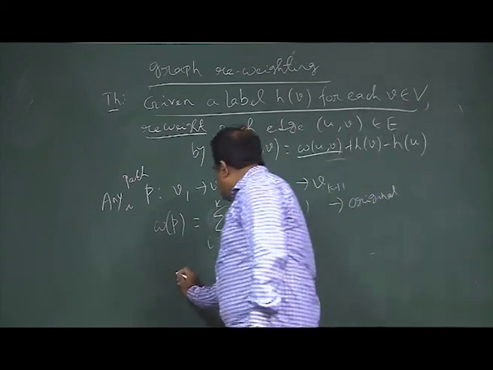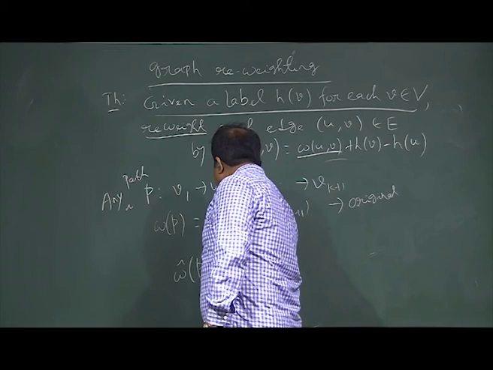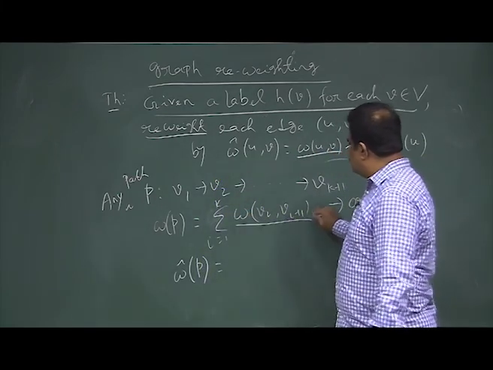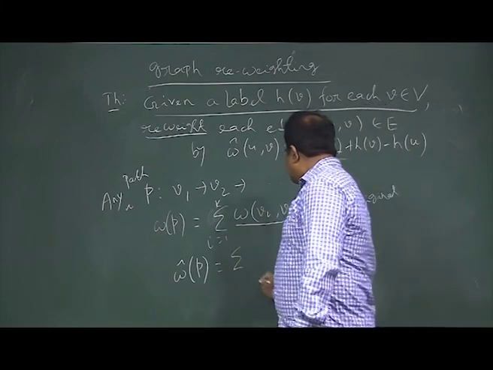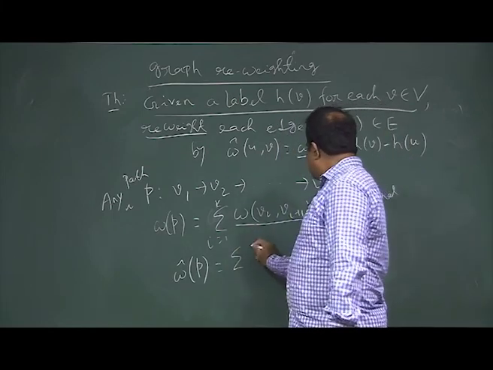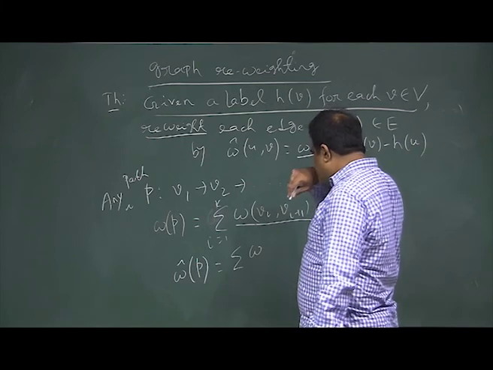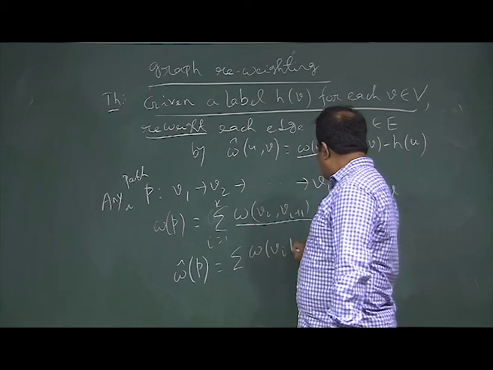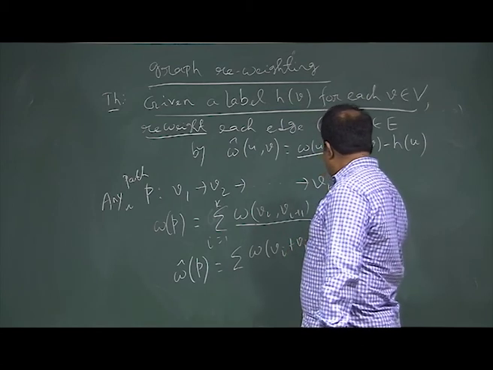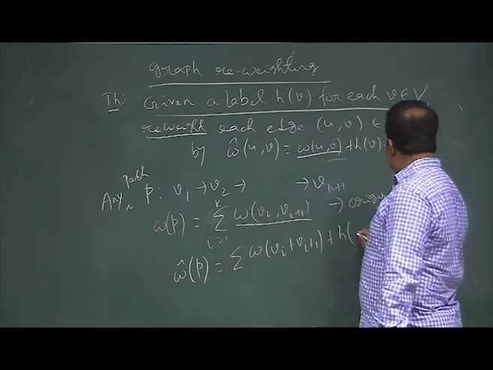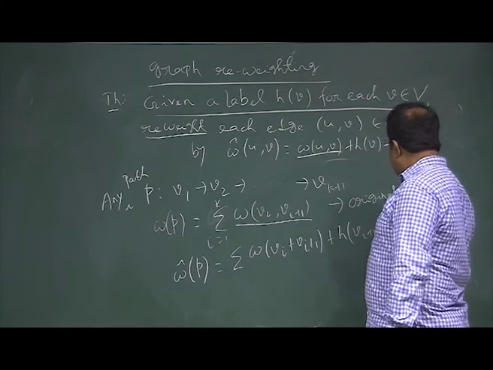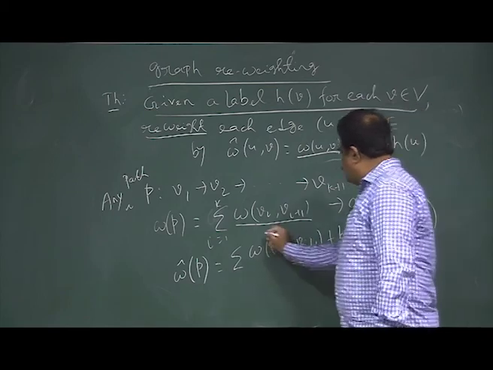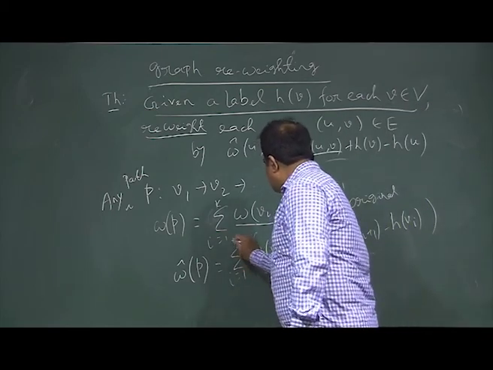Now, what is the new weight of the path after the relabeling of the weight? So we relabel each of these edges. This is the summation of w of v_i, v_{i+1} plus h of v_{i+1} minus h of v_i, with i from 1 to k.